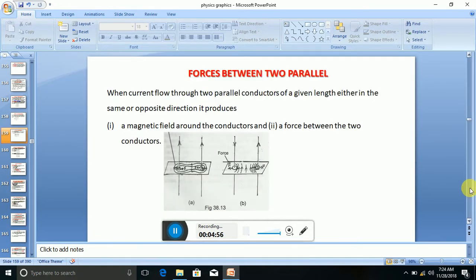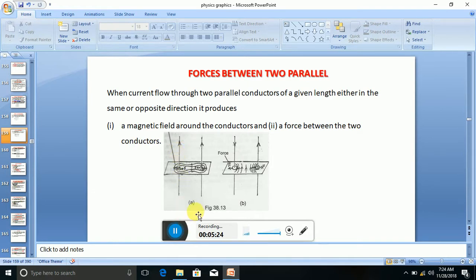Now, forces between two parallel conductors. When currents flow through two parallel conductors of a given length, either in the same or opposite direction, it produces two things. One, a magnetic field around the conductors, and two, a force between the two conductors.